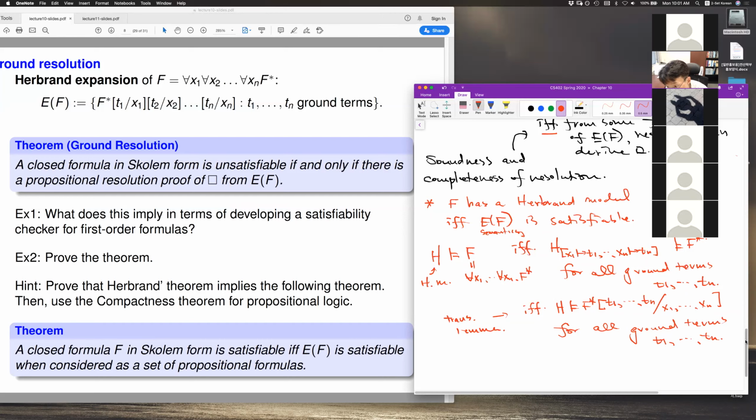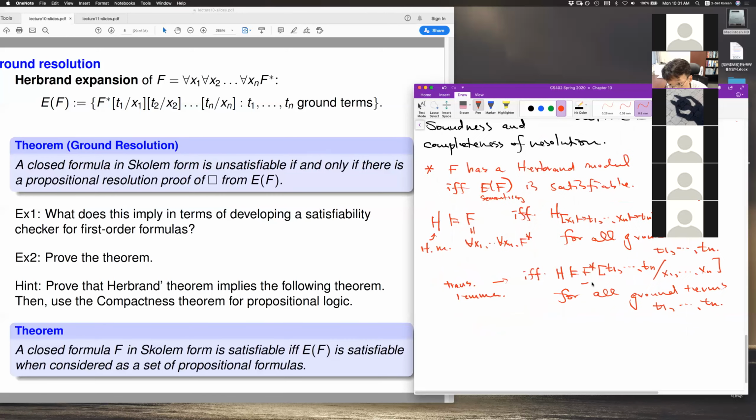But what you get here is nothing but the elements in the Herbrand expansion. So it essentially says everything in the Herbrand expansion is satisfied by H. This is a bit informal notation, but what it means is that every formula in the Herbrand expansion is satisfied by H, because the expansion is exactly the set of formulas F star obtained by replacing X1 to Xn by T1 up to Tn.